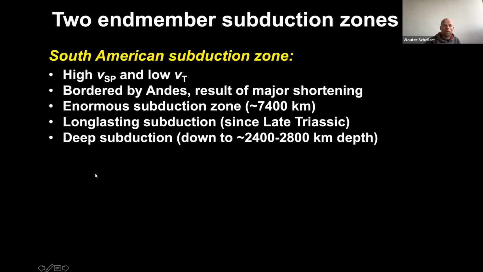Okay, so summarizing here, South American subduction zone: high VSP, low VT, bordered by a massive mountain range, resulting in major shortening. Large subduction zone, 7,500 kilometers, long-lasting since the earliest Jurassic or late Triassic, and deep subduction down to 2,400, 2,800 kilometers.